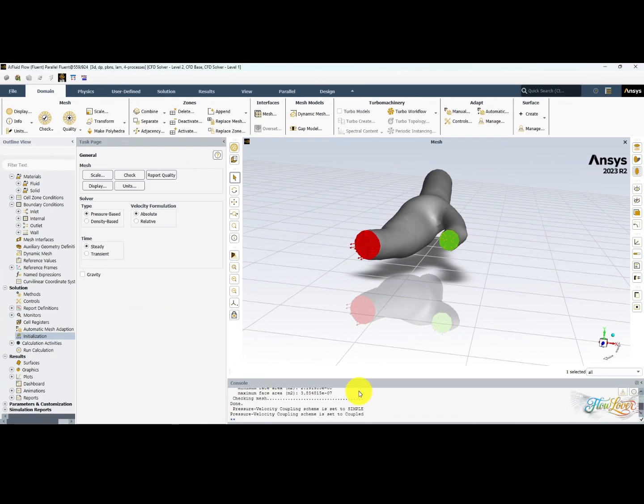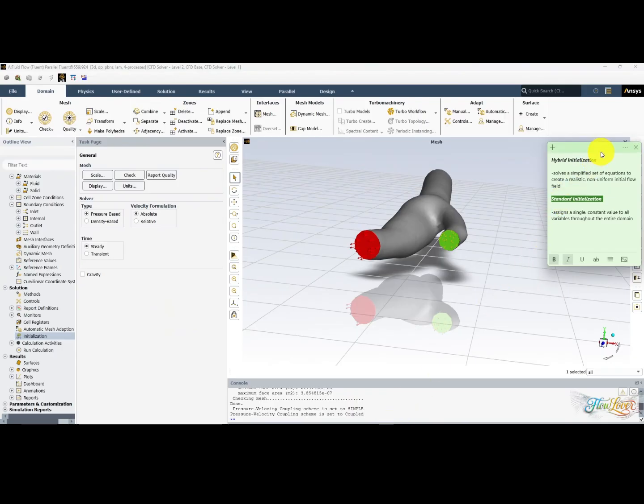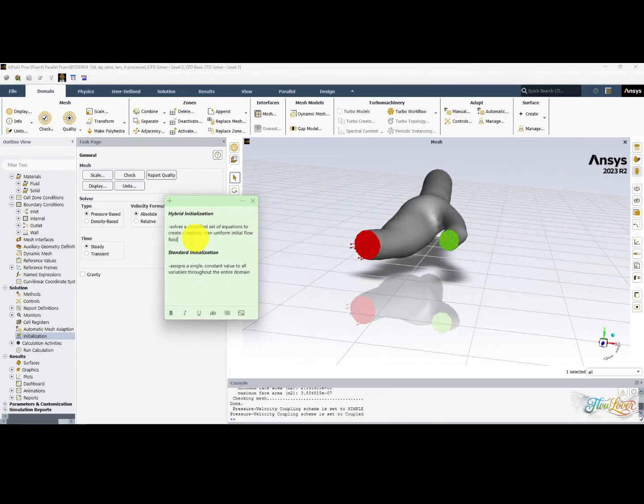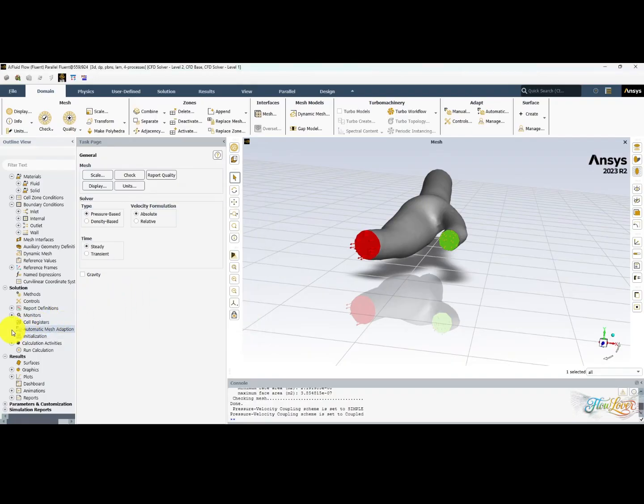We have two methods, hybrid initialization and standard. For the hybrid one, it just solves a simplified set of equations to create a non-uniform initial flow, but for the standard one, it assigns just a single constant value to all the variables. So we always recommend to choose the hybrid initialization.